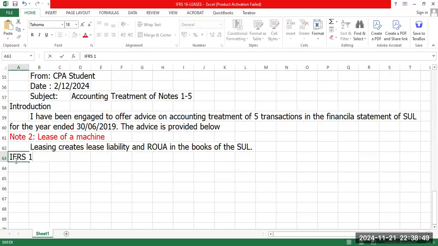IFRS 16. That is about leases because they didn't specify the standard. So we needed to bring the standard.